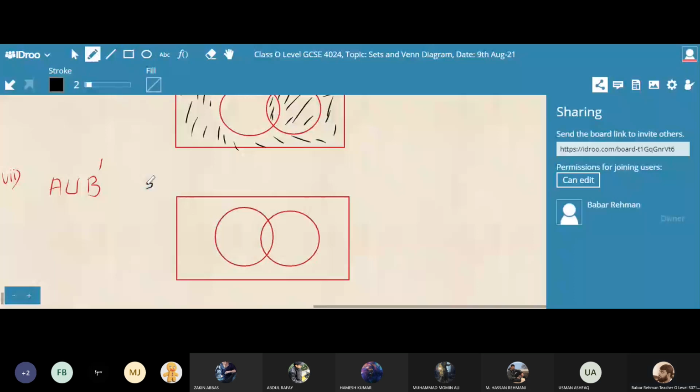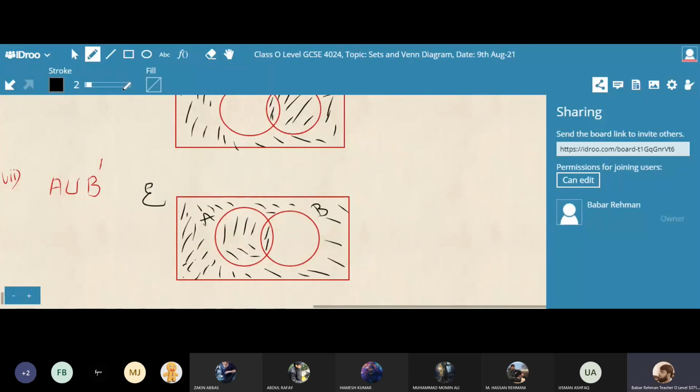This is universal set. This is A. This is B. Now B will be left, but the whole A part plus okay, this will be shaded.